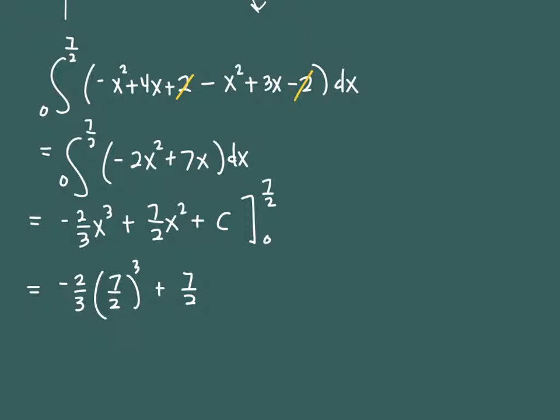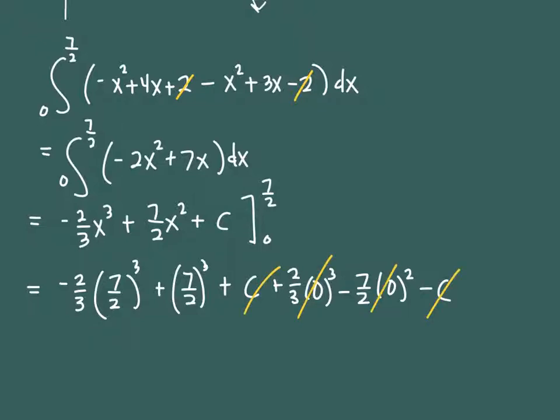It's better to write it as 7/2 cubed. So I'm going to just simplify this and write it as 7/2 cubed. And then plus c, and then minus 2/3 times 0, minus 7/2 times 0 minus c. So gone, gone, gone, gone.